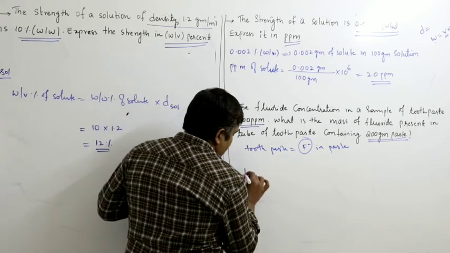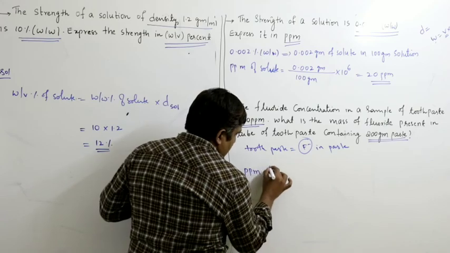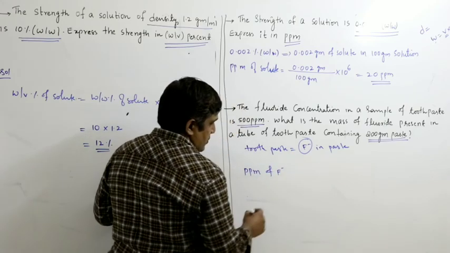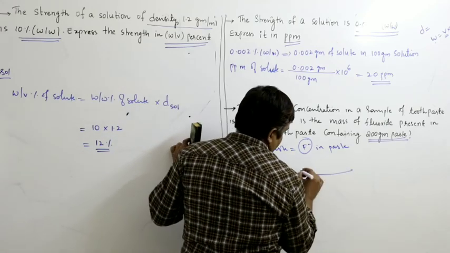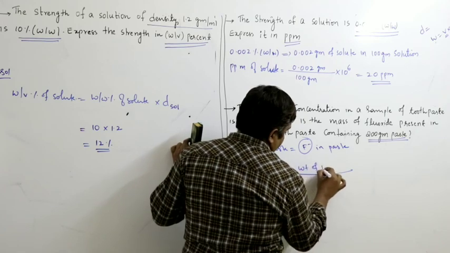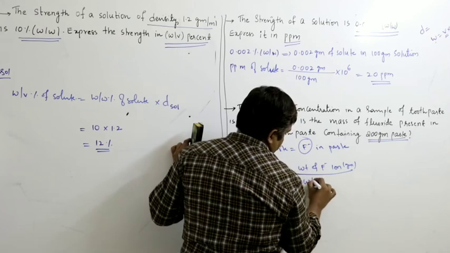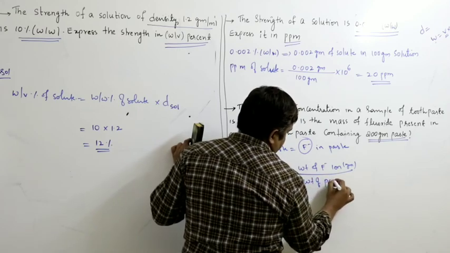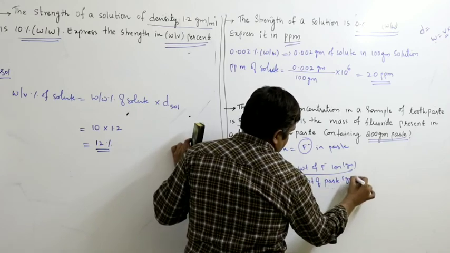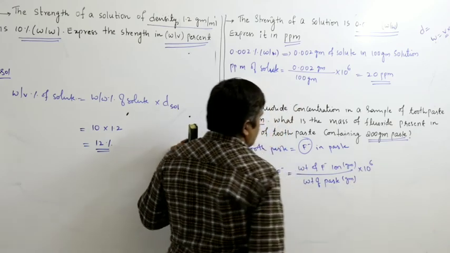So ppm of fluoride ion in toothpaste is equal to weight of F minus ion in grams by weight of paste in grams into 10 power 6.